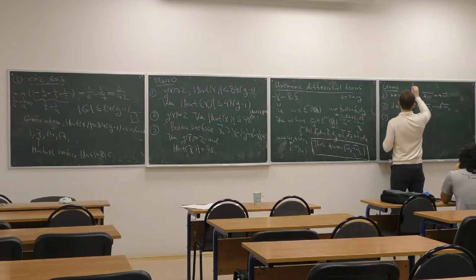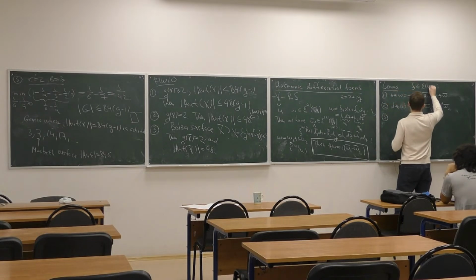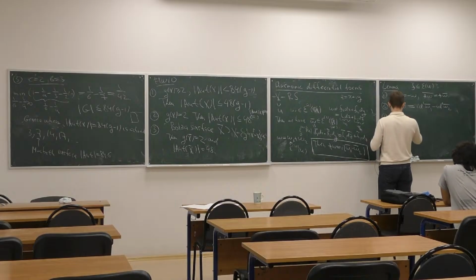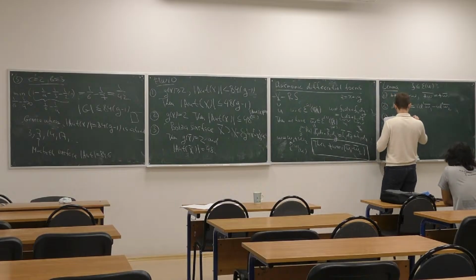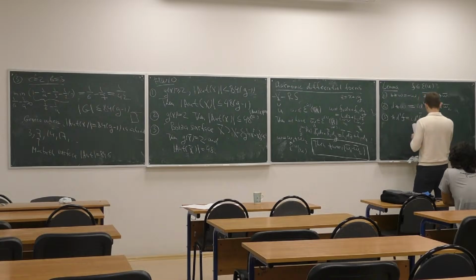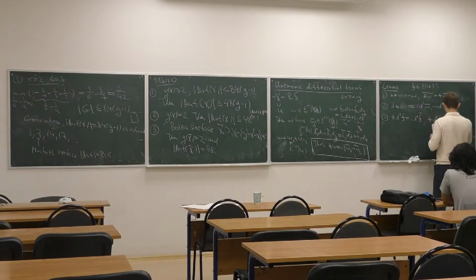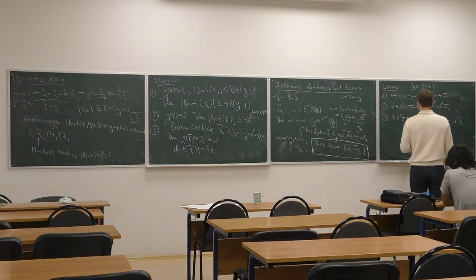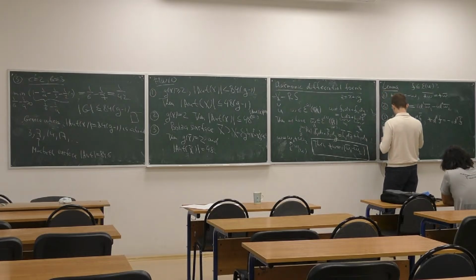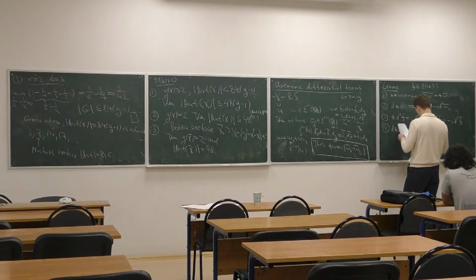So suppose you also have some smooth function f. Then star d prime f is equal to i d double prime f bar, and star d double prime f is equal to minus i d prime f bar. And d star d f is equal to 2i d prime d double prime f bar.